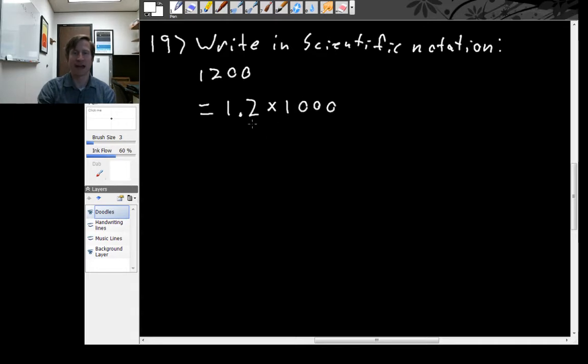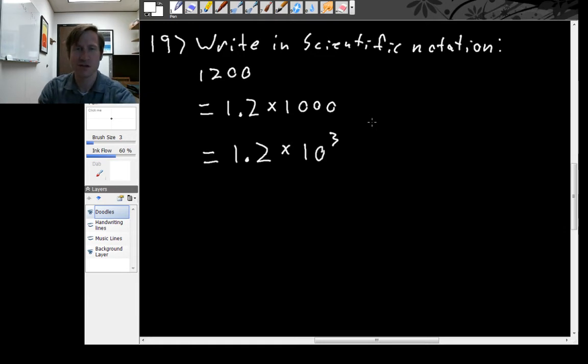Okay, work that out if you aren't sure why that is. But then 1,000 is actually 10 to the 3rd. So this is 1.2 times 10 to the 3rd, and this is scientific notation. Okay, it's a number with just one digit to the left of the decimal, times some power of 10.